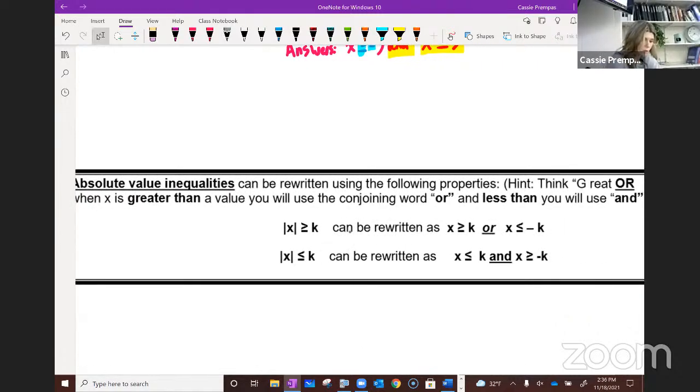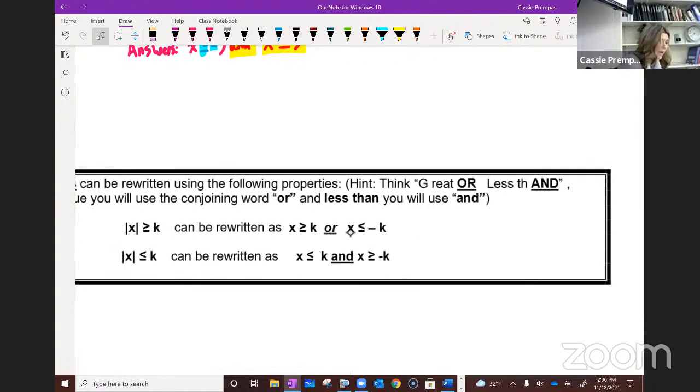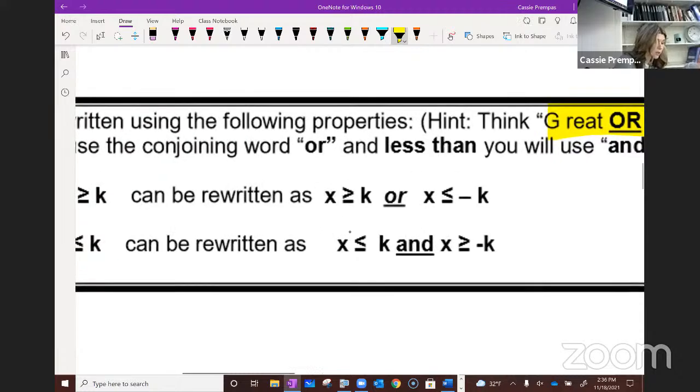So absolute value inequalities can be rewritten using the following properties. Here's how I remember if it's going to be an or versus an and situation. If it's a greater than symbol, I know it's going to use the word or. If it's a less than symbol, I know it's going to use the word and. Here's the property written below. This is copied from a textbook.